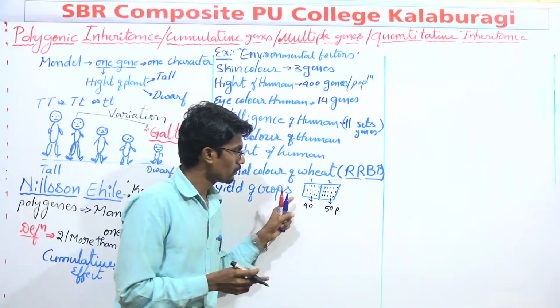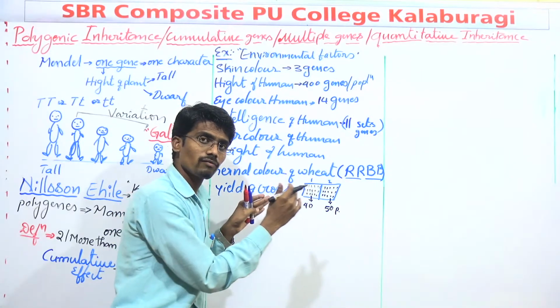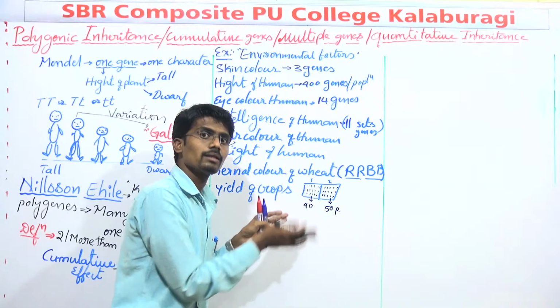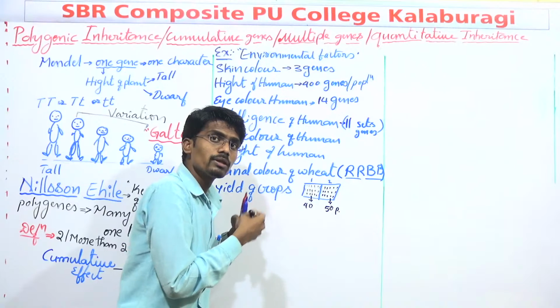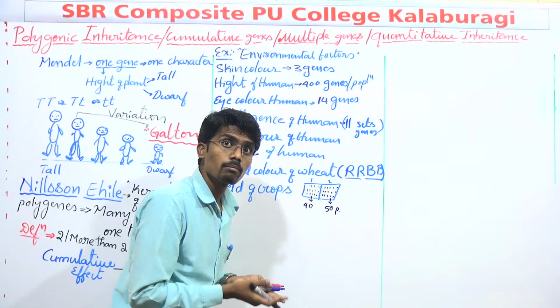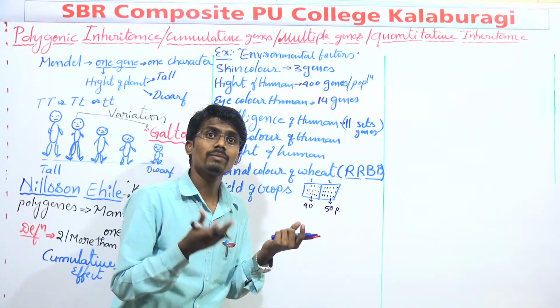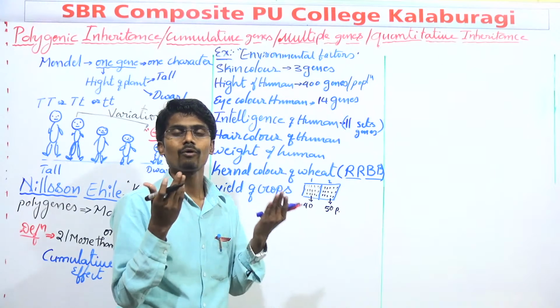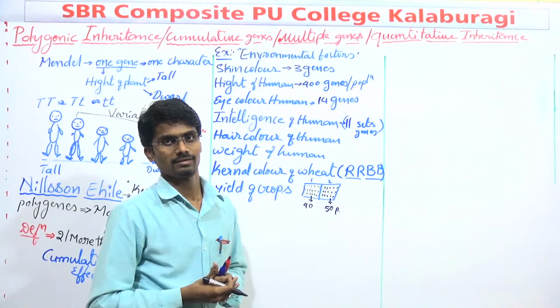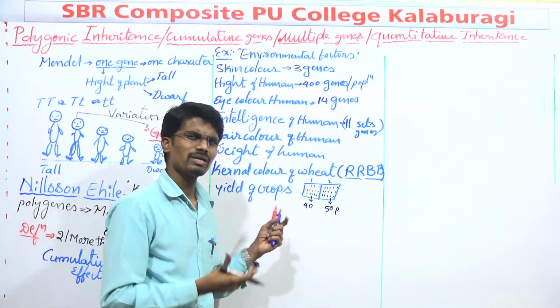The size of the land is the same, the person is the same, and the nutrients given to the field are also the same, but they do not give the same yield because it is influenced by polygenic inheritance. Got it? Like this, many examples are present.